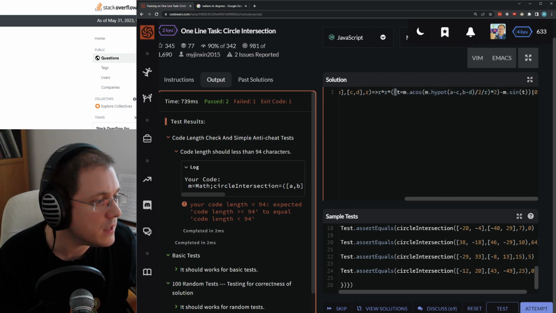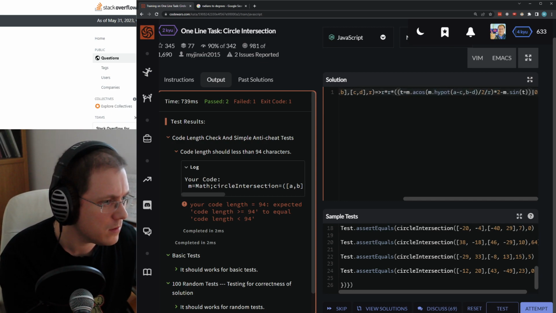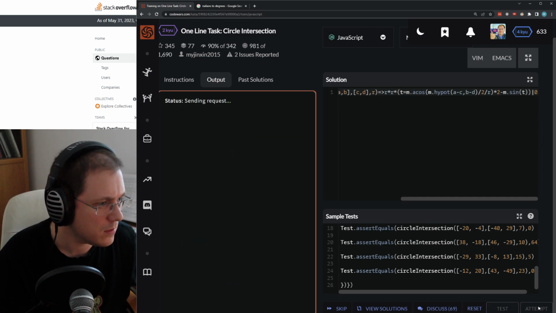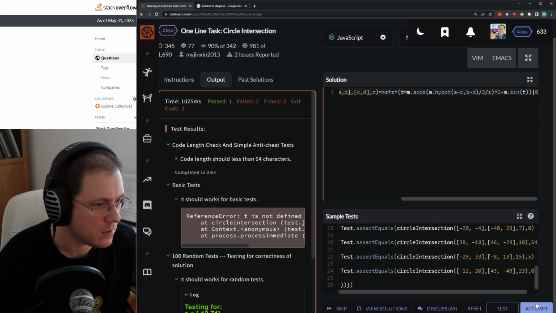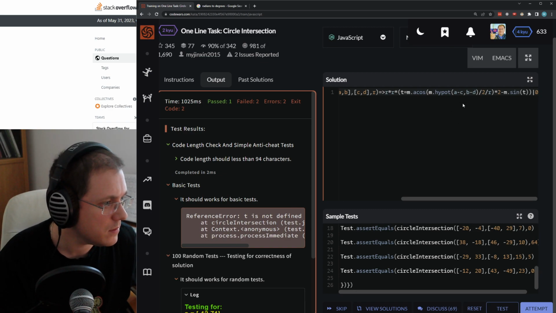Be good if we didn't need these brackets. But we... Wait, do we need those brackets? Apparently, yes. But we wouldn't need those brackets if we were inside here.